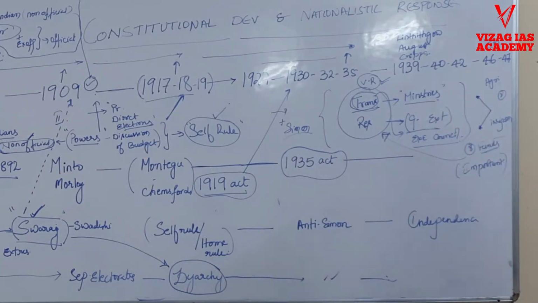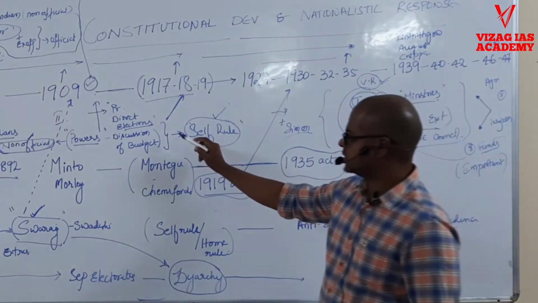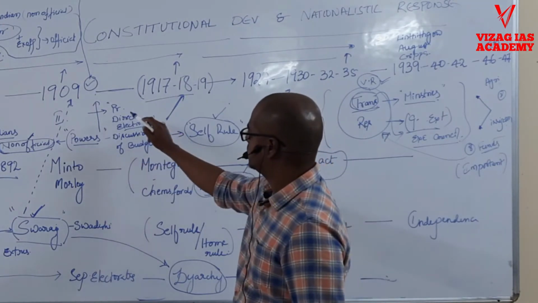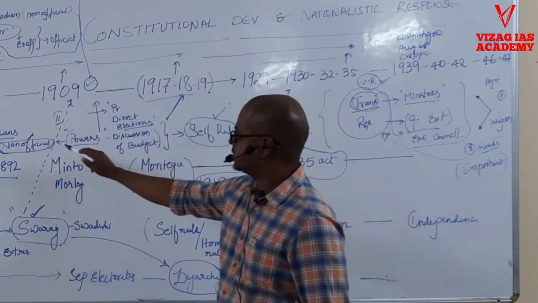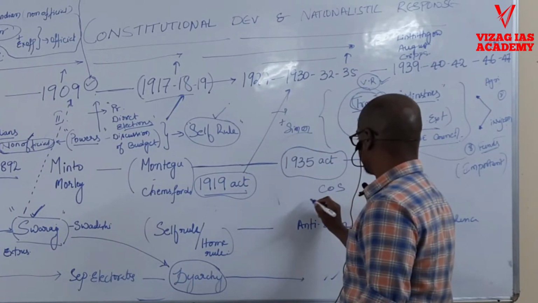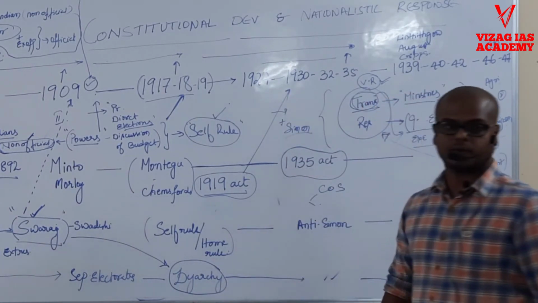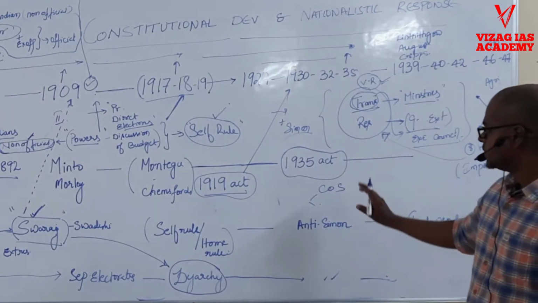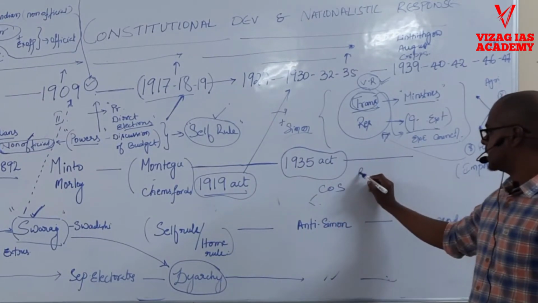Even in this 1935 Act, you will see the same kind of extensions: non-official members, and here we additionally have the Council of States, and there will be a number of provisions. The chief thing here is a bicameral legislature.